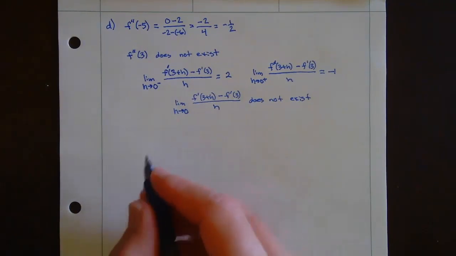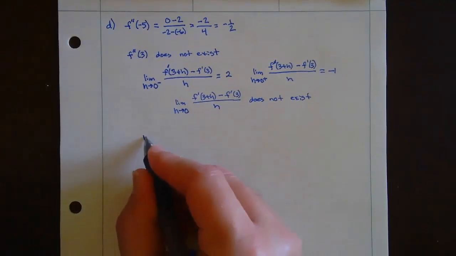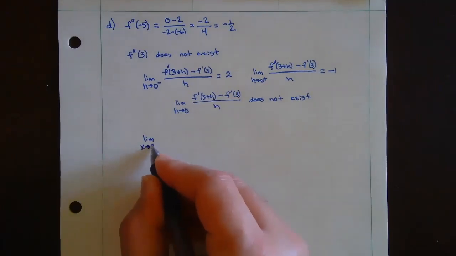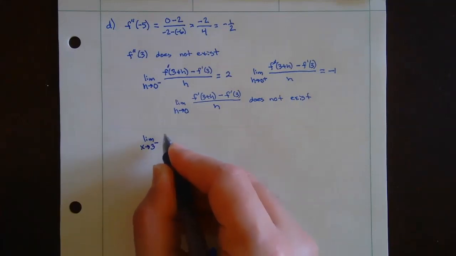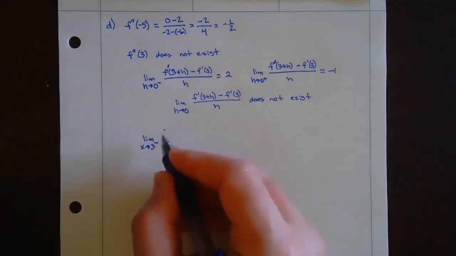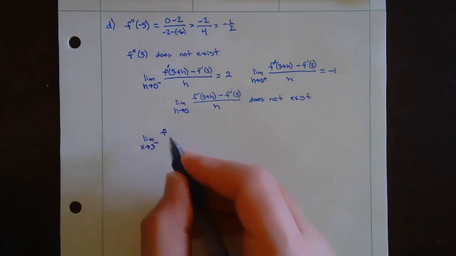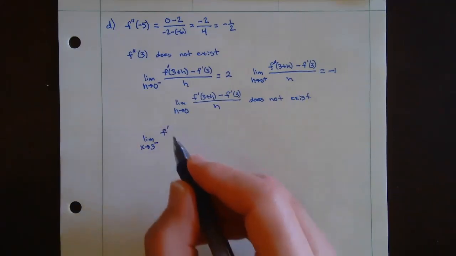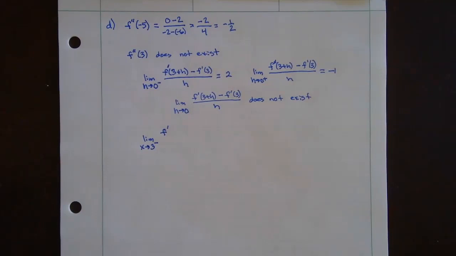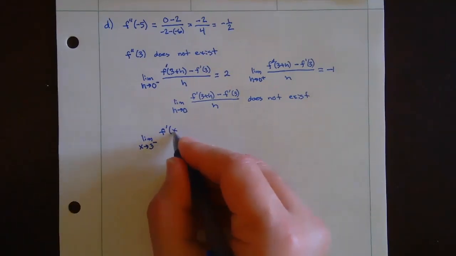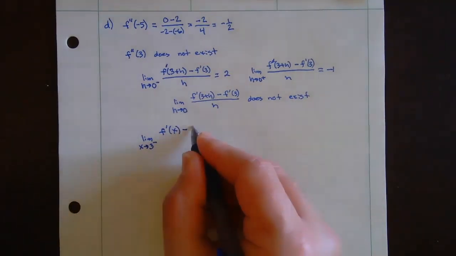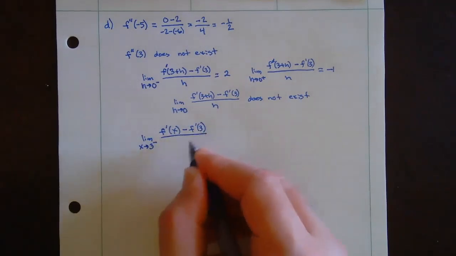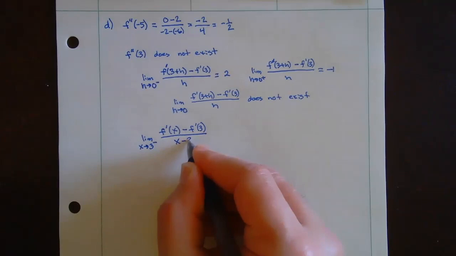So another way of doing this is you could take the limit as x approaches 3 from the left of f prime of x minus f prime of 3 over x minus 3.